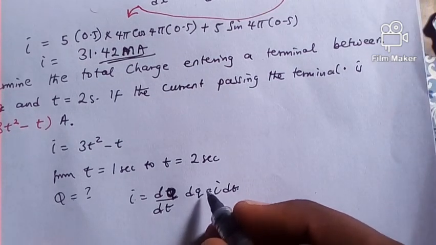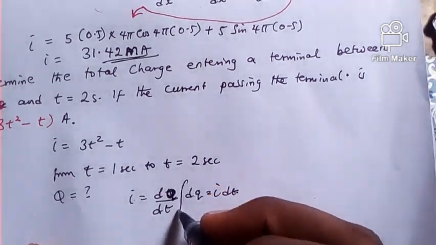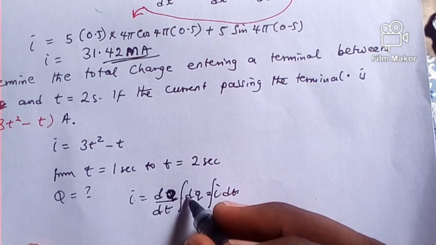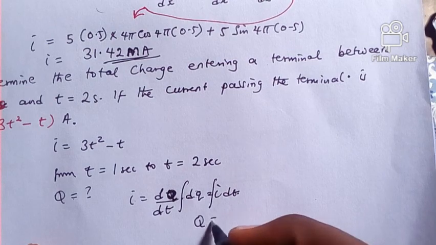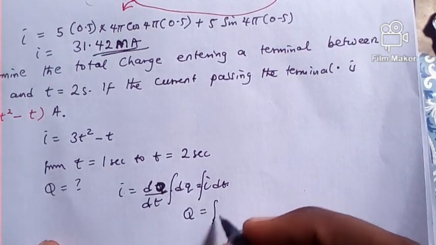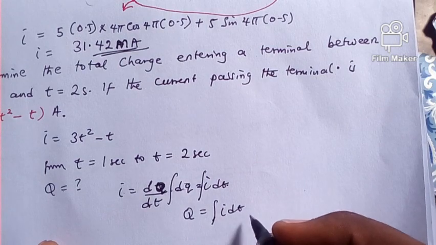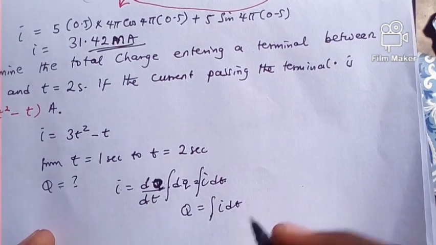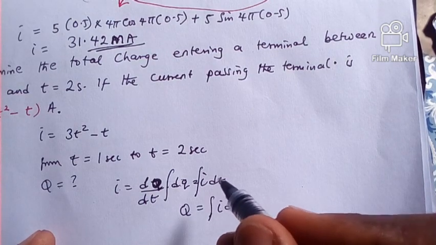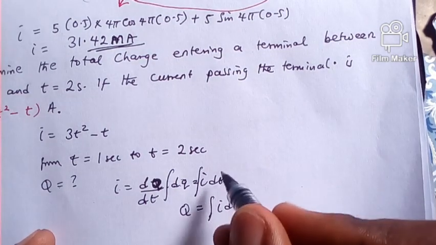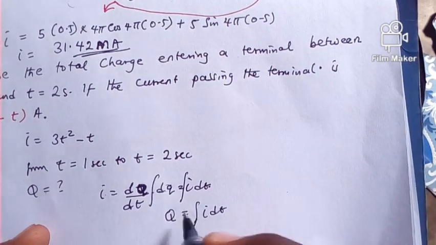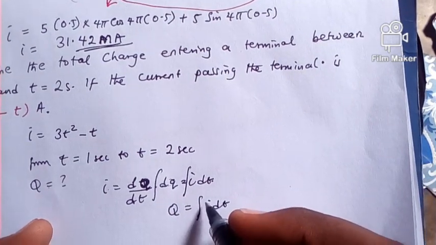What that means is that when I take the integral of both sides, the integral of dq will give me q, which is the quantity of charge, and that will be the integral of i dt. I told you that quantity of charge is simply the integral of current, whereas current is the differential of quantity of charge.